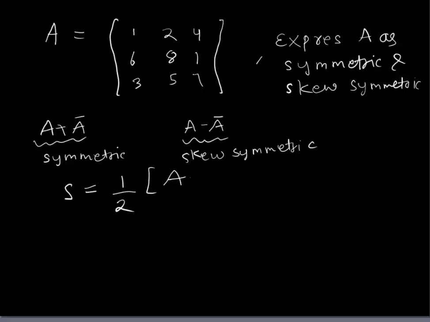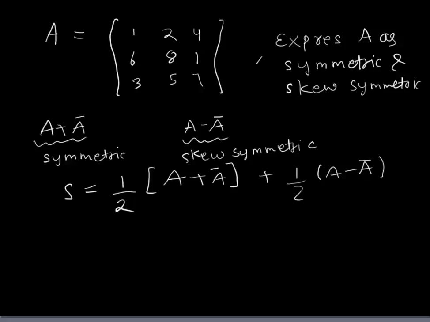So let's say that this can be written like this. If you think about it, I didn't do anything fancy. All I did was some algebraic manipulation, and if you look at the numerator, it's going to be equal to A plus A divided by 2, which is just 2A divided by 2, which is just equal to A, and A transpose minus A transpose divided by 2, which is equal to 0.